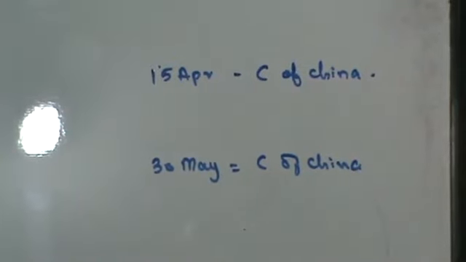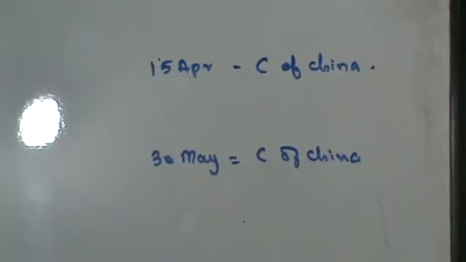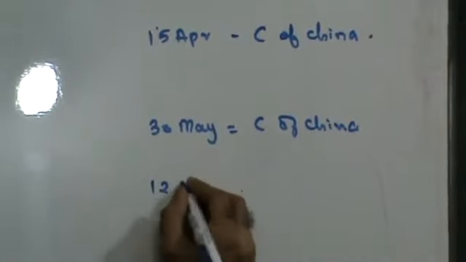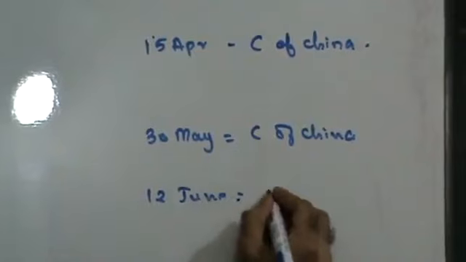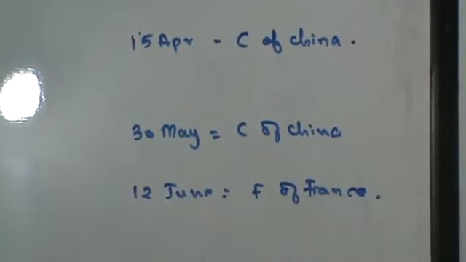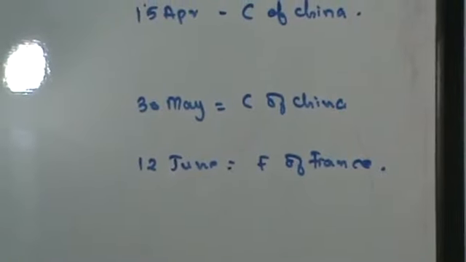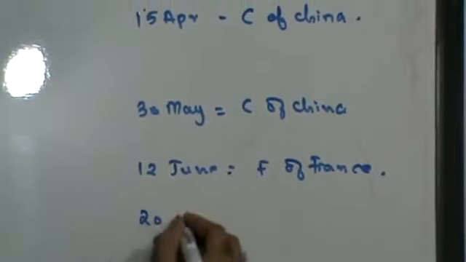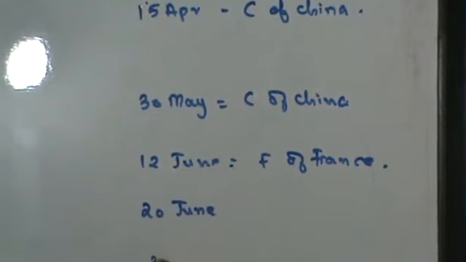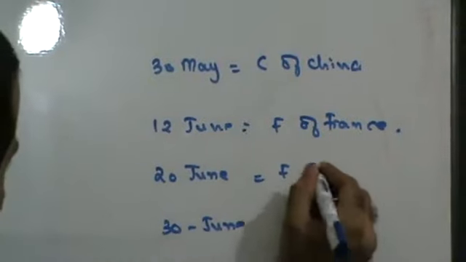Next, you have on 12th June, F of France, and whose payment is received on 20th June and on 30th June. 20th June and 30th June, you have F of France.